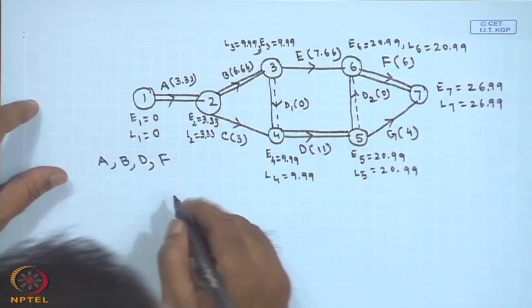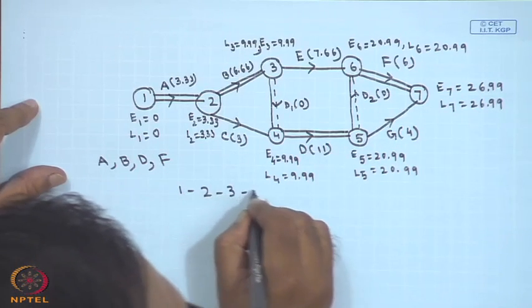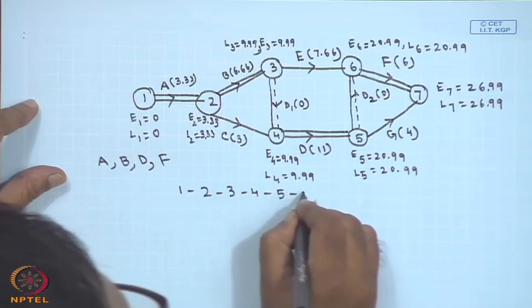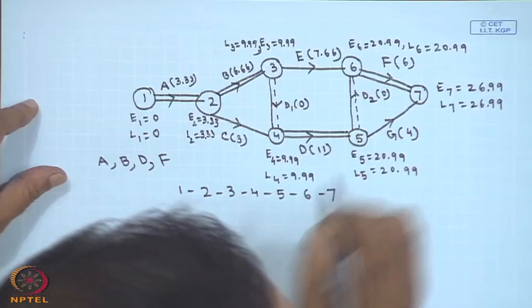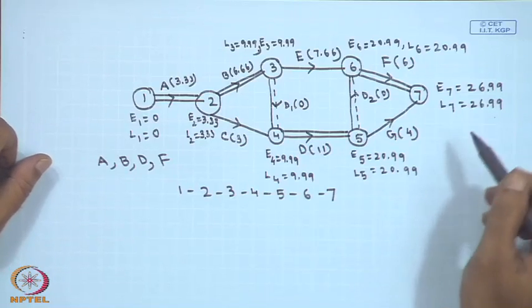So, your critical path is, if I am to write, then 1, 2, 3, 4, 5, 6 and 7. And the project completion time is 26.99.